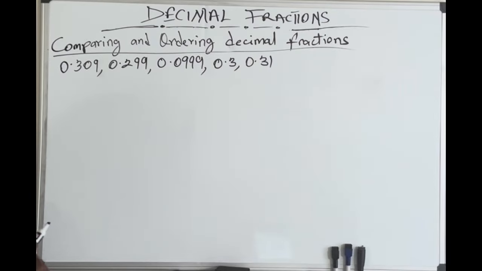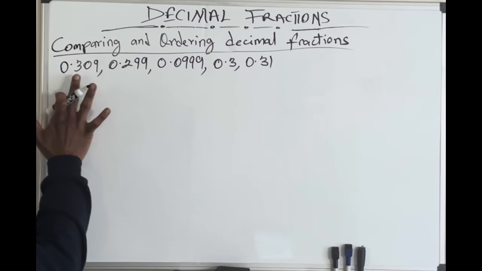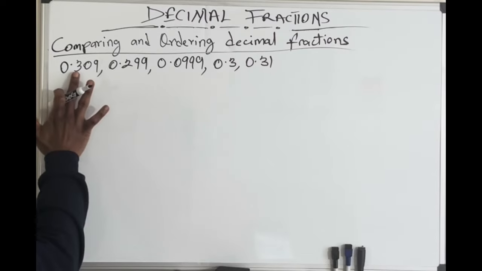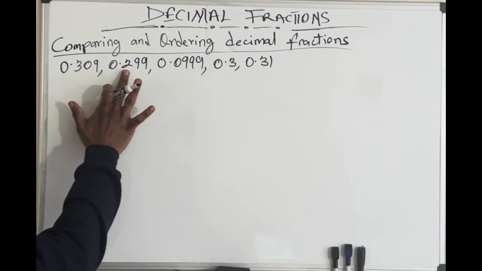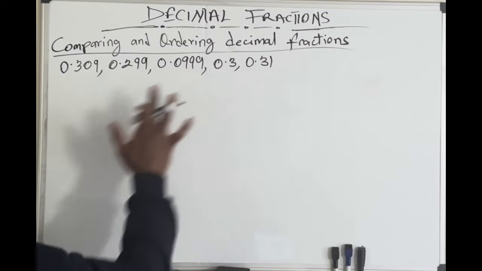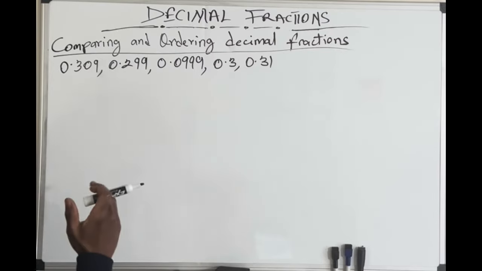Okay, so I'll show you two methods and then you go for whatever works best for you. The first method, look at the tenths, and when I say tenths, it ends with THS as we said earlier on. So we have 3/10, 2/10, 0/10, 3/10, 3/10, from the smallest to the biggest.